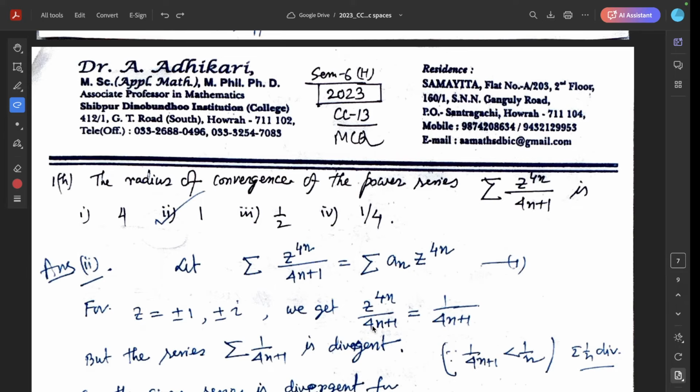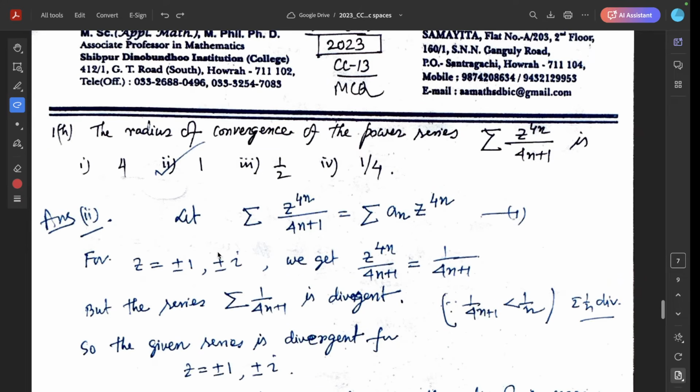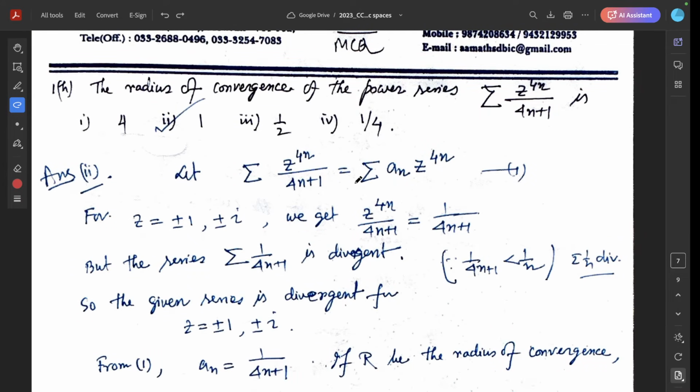Next question 1h. Radius of convergence of the power series summation z to the power 4n by 4n plus 1 is, correct answer is 1. And this series is this. Now for z equal to plus minus 1 and plus minus i, we get z to the power 4n by 4n plus 1.